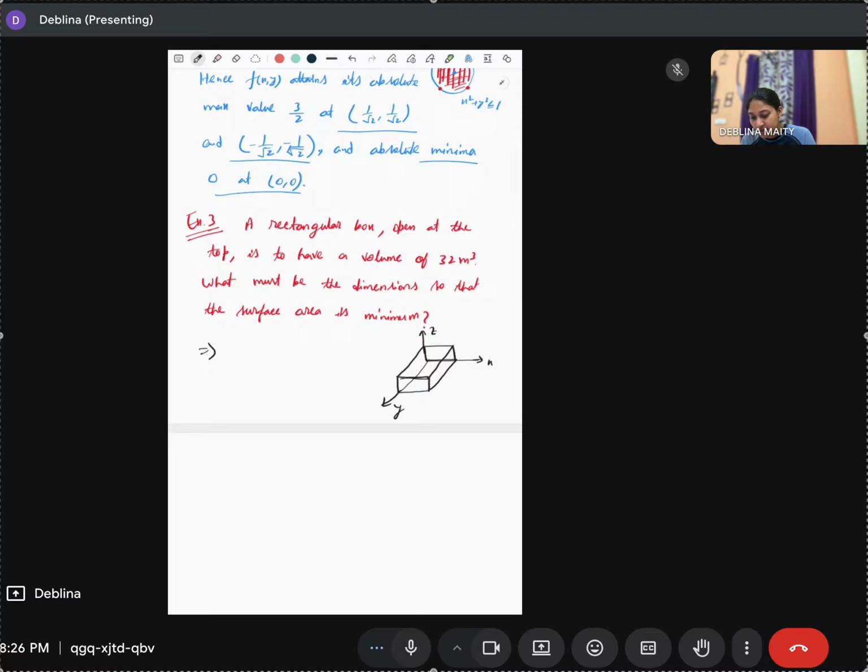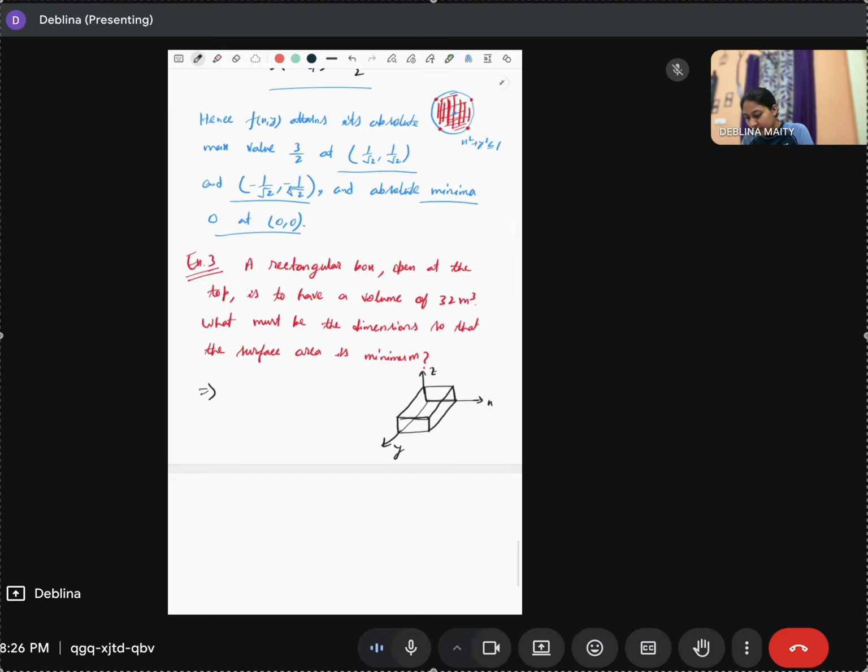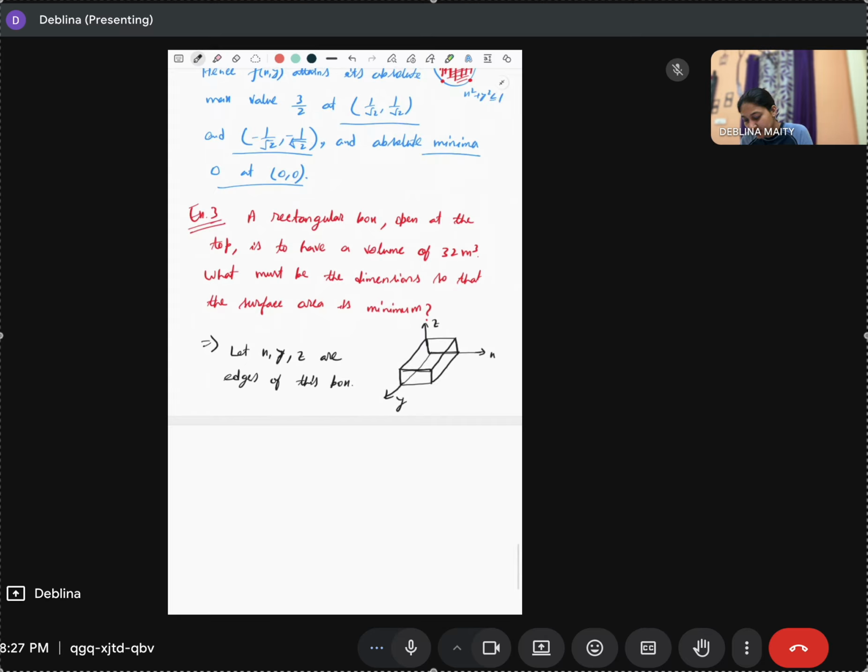Let x, y, z be the edges of this box. Now what is the volume? Volume V is given by the formula xyz.